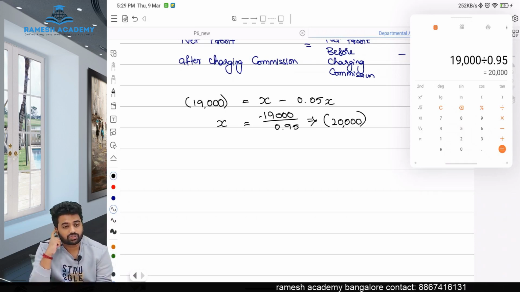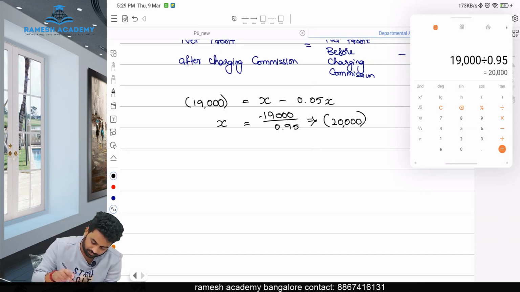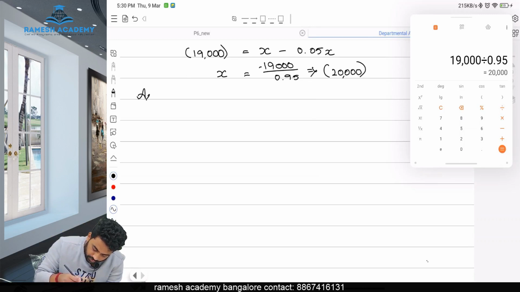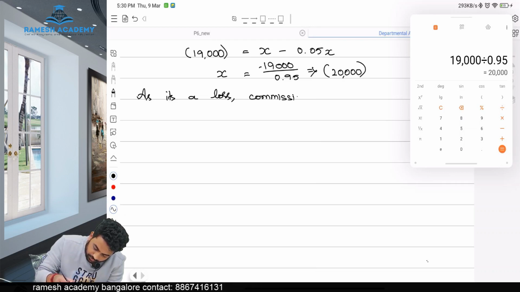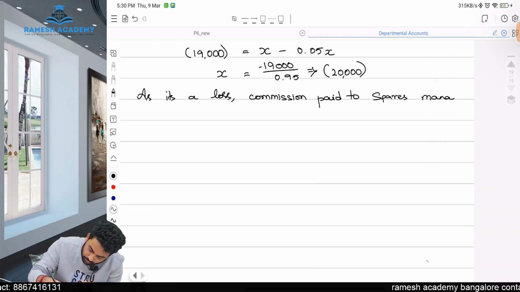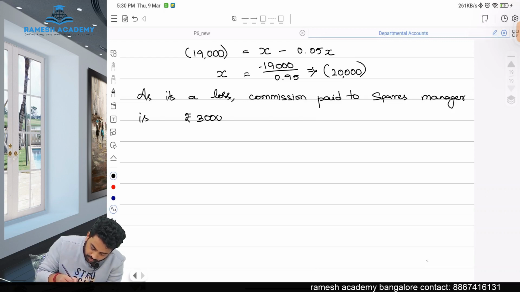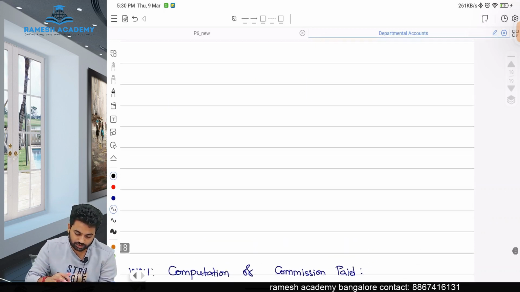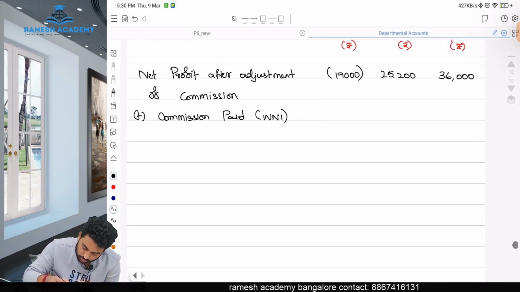Okay. So guys, listen very carefully. As it's a loss, commission paid to spares manager is rupees 3,000. So 3,000 it is.